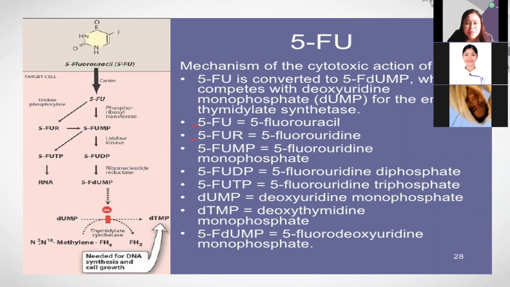Pero wala na akong gina-require na memorize ninyo. This is just to let you see the step-by-step conversion of the 5-fluorouracil to 5-FdUMP, which means 5-fluorodeoxyuridine monophosphate. Now, this metabolite from the 5-fluorouracil can inhibit the conversion of dUMP to dTMP. dUMP is the deoxyuridine monophosphate, and dTMP is the deoxythymidine monophosphate.